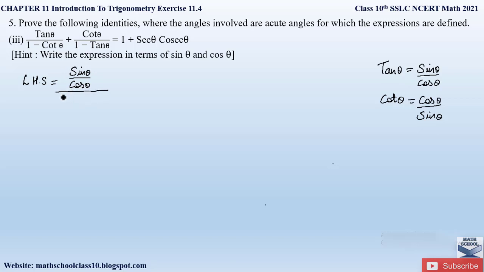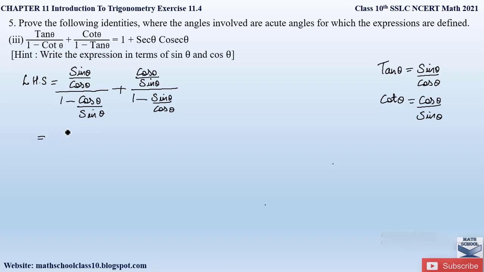Similarly, in the denominator, 1 minus cot theta is written as 1 minus cos theta by sine theta, plus again cot can be written as cos theta by sine theta divided by 1 minus tan, which is sine theta by cos theta. Right, so here we are using our hint and converting our tan and cot in terms of sine and cos.